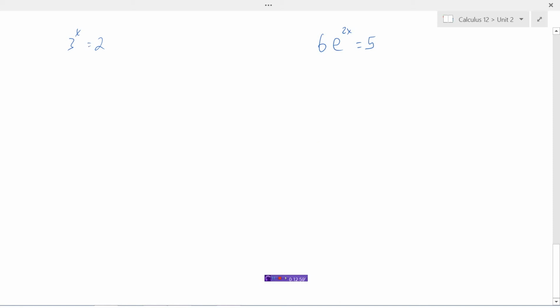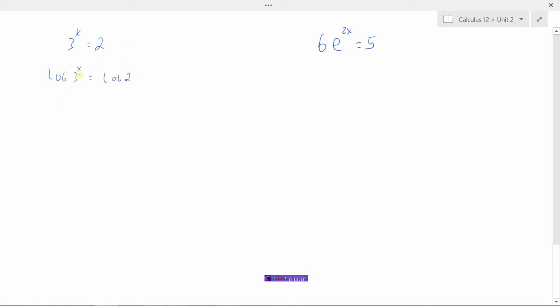So here we'll do a couple of questions where we're solving for the exponent. The variables are in the exponent here, so this is an exponential function because the variable's an exponent. Here's another one. And anytime we're solving for x and x is an exponent, we must take the logarithm of both sides. So on this one, we could take log base 10 of both sides. So I'm going to take the log of this side, and that'll equal the log of this side.